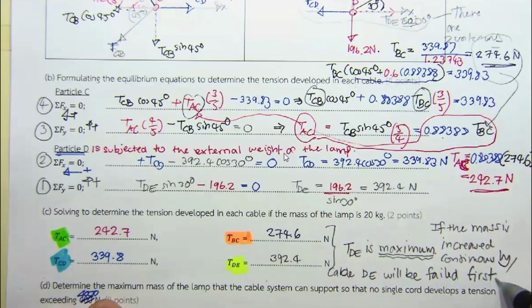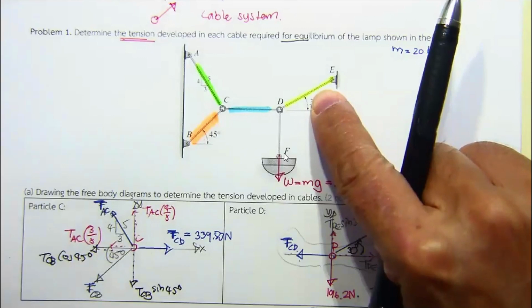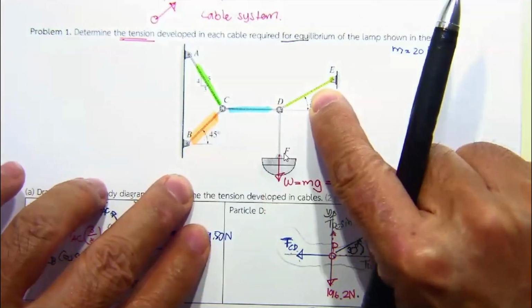When DE fails, the whole system collapses. If DE fails or separates into two pieces, the whole thing falls down.